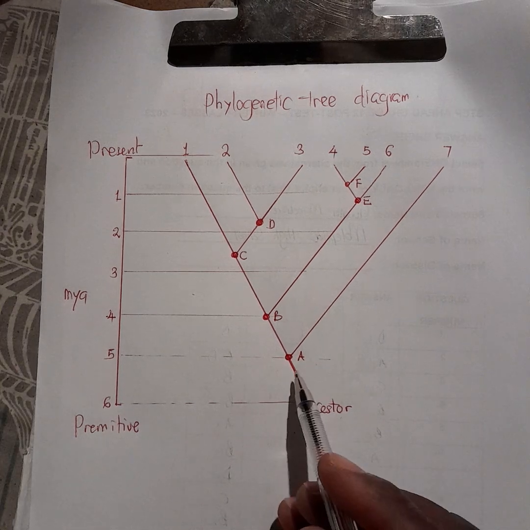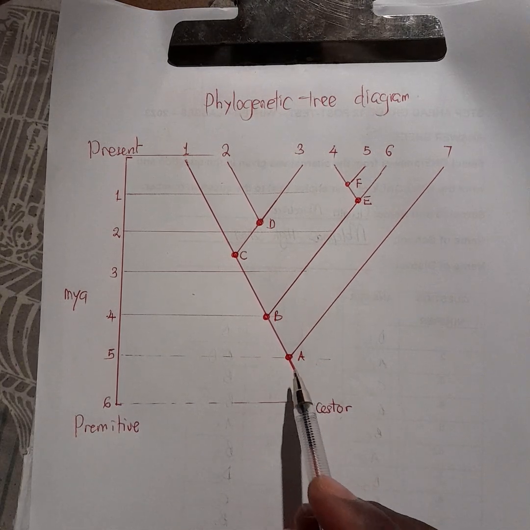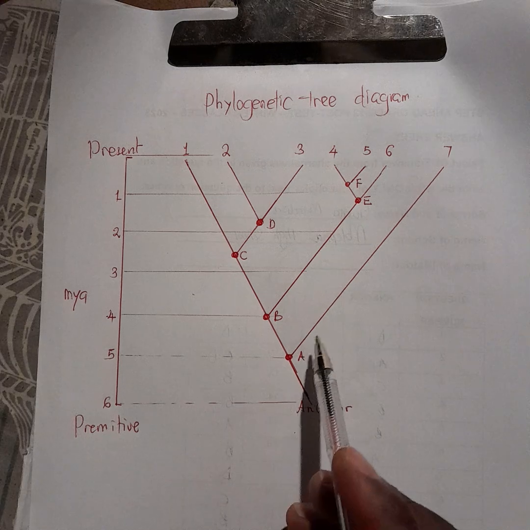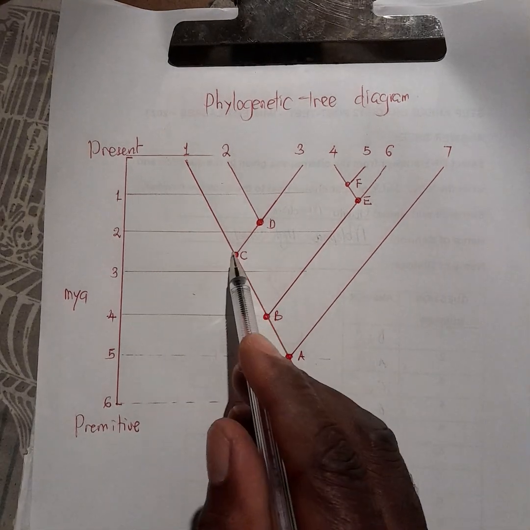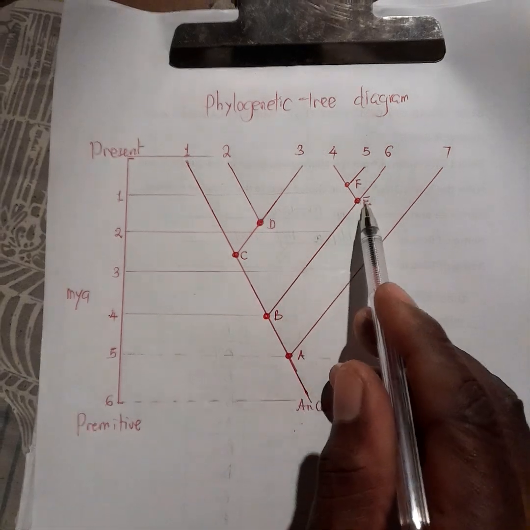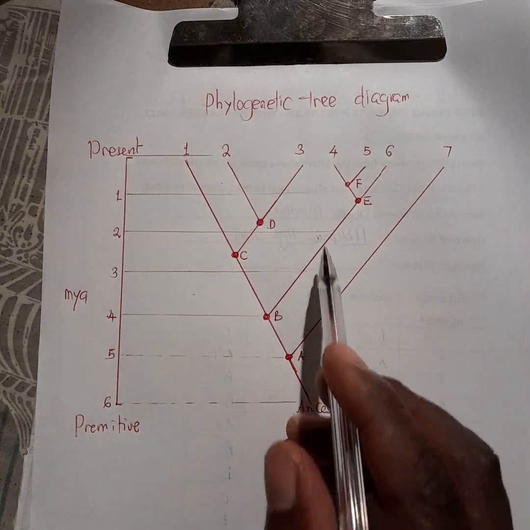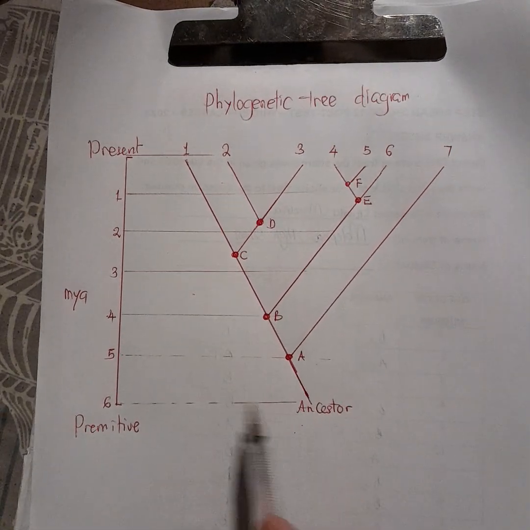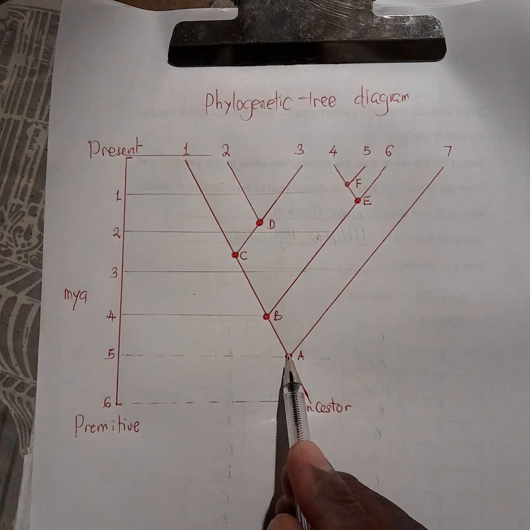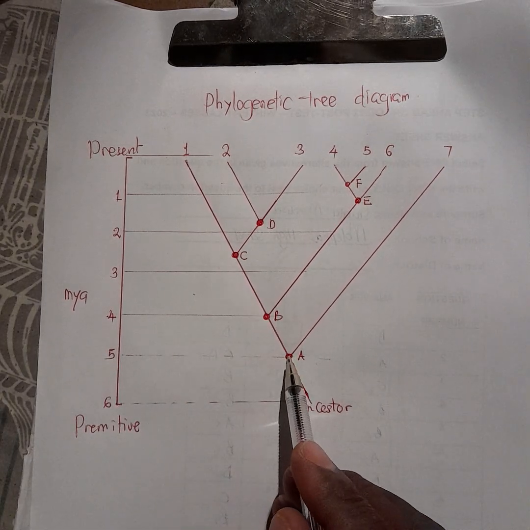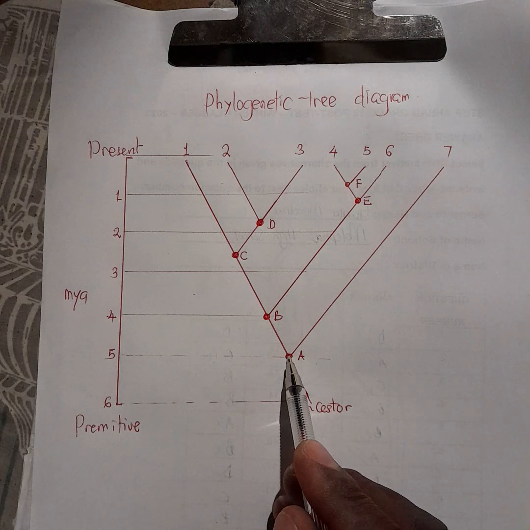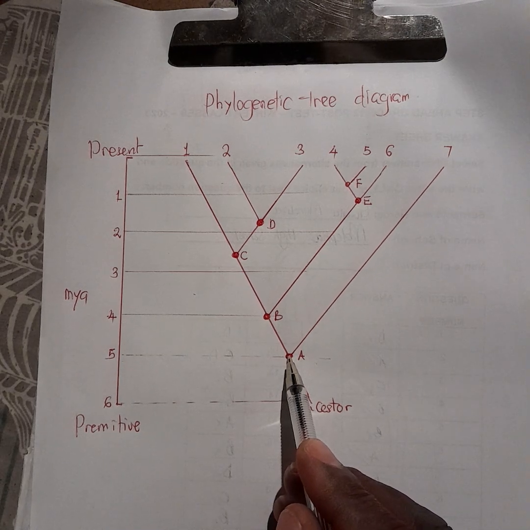So the common ancestors in this case, where speciation took place, are A, B, C, D, E, and F. These are the common ancestors. So the one that is below there, say 5 million years ago, at A, is the oldest common ancestor.